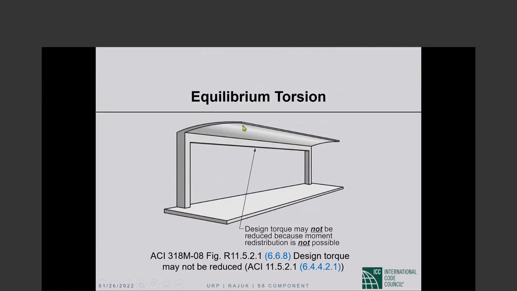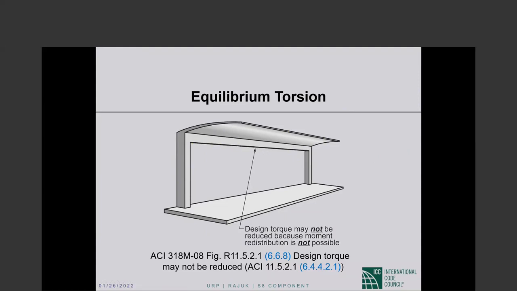Any loading on that slab will cause torsion on this beam, and that torsion keeps the loading on the slab in equilibrium. There is nothing else. So if we don't design that beam for that torsion, then there will be failure of the beam leading to the collapse of the slab.